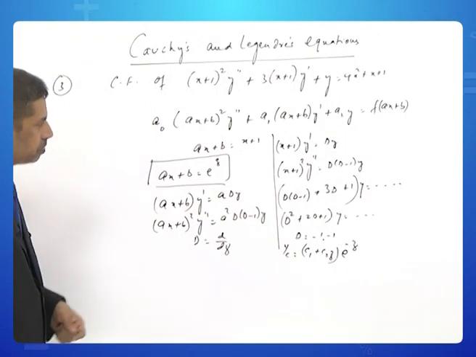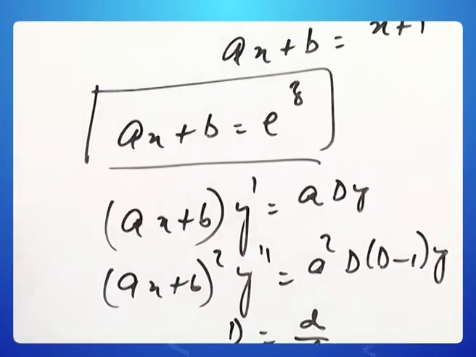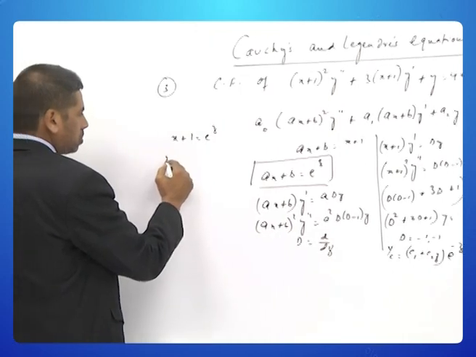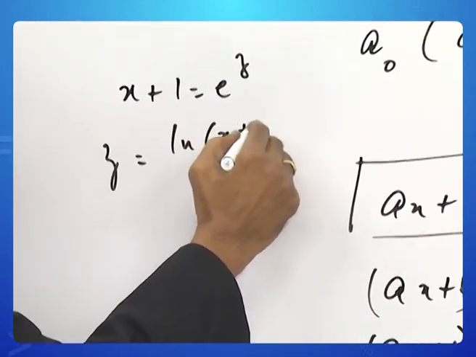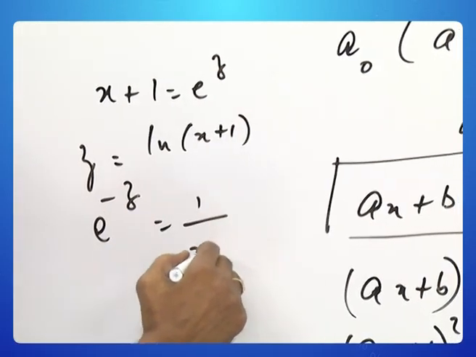Now, what about z? Because ax plus b is equal to e power z, in our case x plus 1 is equal to e power z. So, z is equal to log of x plus 1, and of course, from here you can write e power minus z as 1 by x plus 1.